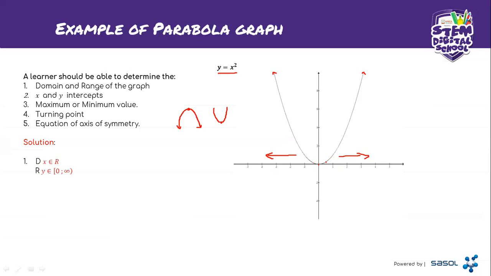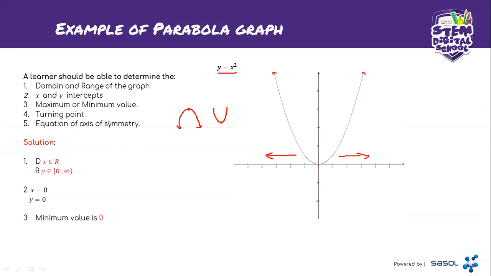When we talk about the minimum value or the maximum value, we normally refer to the Y value on the turning point. Remember, we also talked about the Y-intercept and X-intercept, where X equals 0 and Y equals 0. You can see the graph cuts at (0, 0).